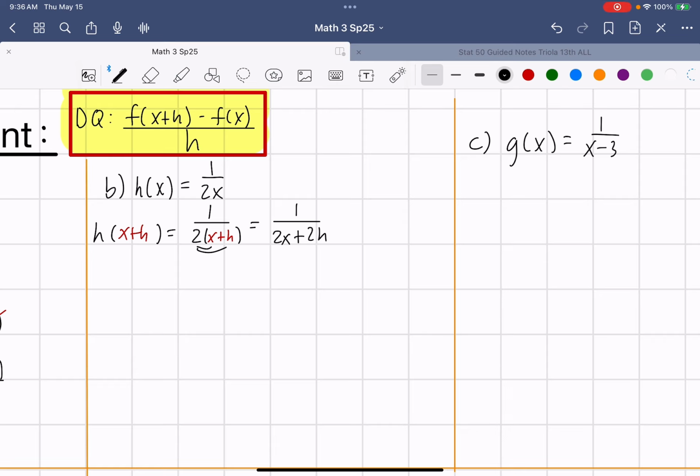And now I have my difference quotient that I can substitute into. I'm just going to write it a little differently just because this is h instead of f. So I'm going to write h of x plus h minus h of x all over h.